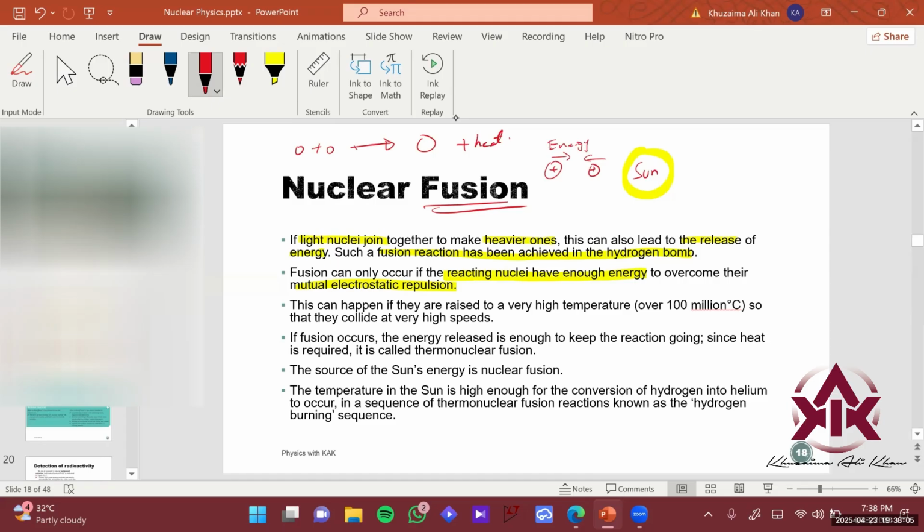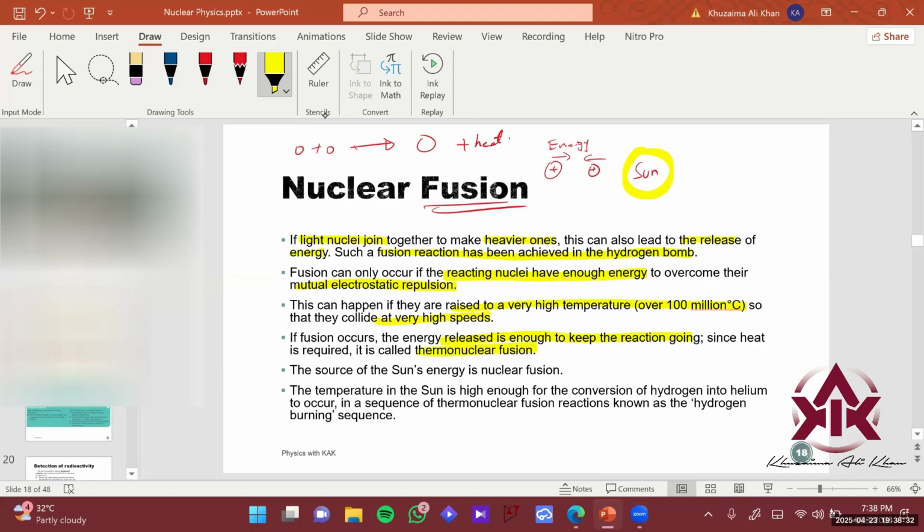This can happen if we raise them to a very high temperature, around 100 million Celsius. That is not attainable here. They collide at very high speeds and then merge together to form a heavy element. If the energy released is enough to carry out this process in a chain, this is called thermonuclear fusion.